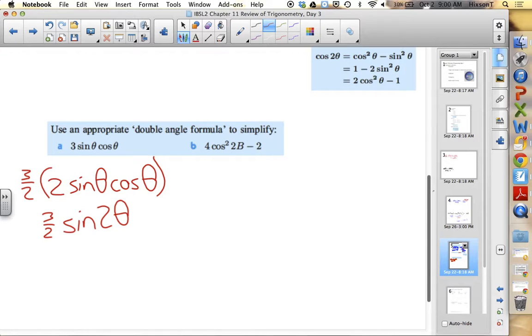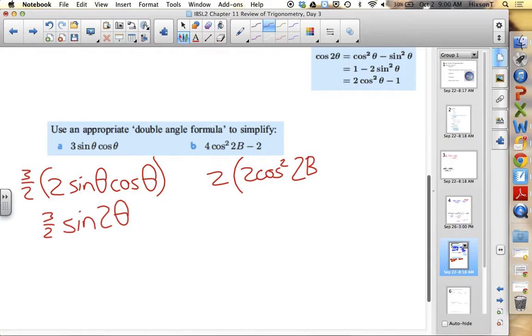Could you do 2 times cosine squared minus 1? Yes, because that's the identity. If we factor out a 2.